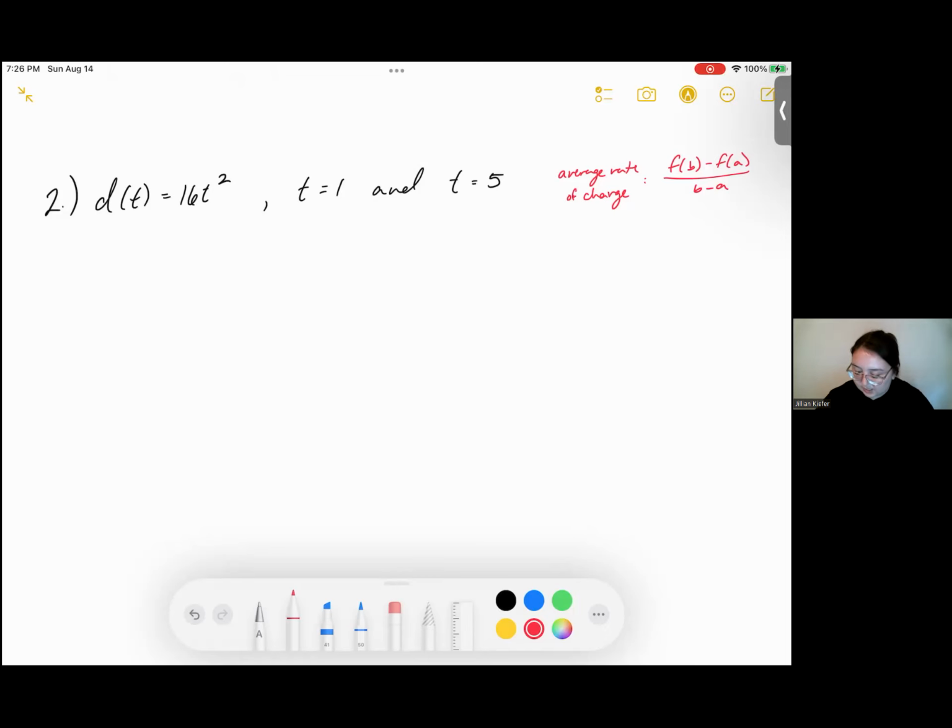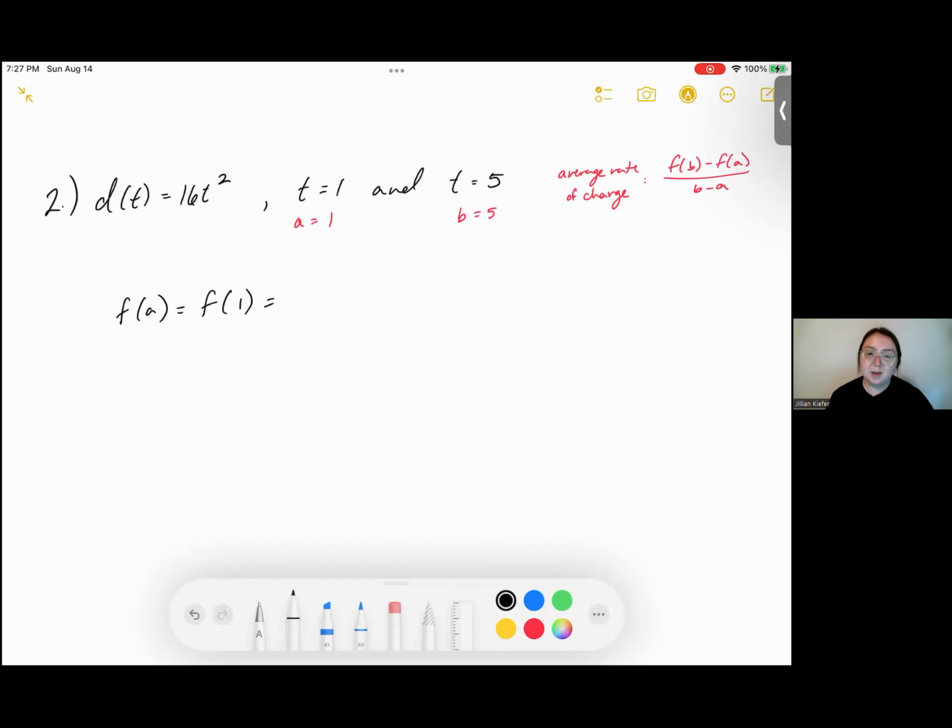You should get to the same answer as long as your formula stayed the same. So let's go ahead. We're going to say that A is going to be 1 and B is going to be 5. So if we know that A is 1 and B is 5, we now want to know what's f of A and what's f of B. So we're going to go ahead and calculate those. f of A is going to be f of 1. In our function, which is d of t, we don't even use f at this point.